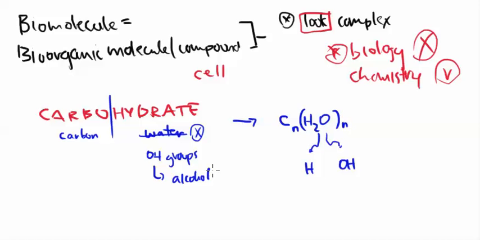Alright, so now we get a better picture of what this carbohydrate is going to look like. It's probably going to consist of some carbon, some hydrogen, and some oxygen. And guess what? That is true.